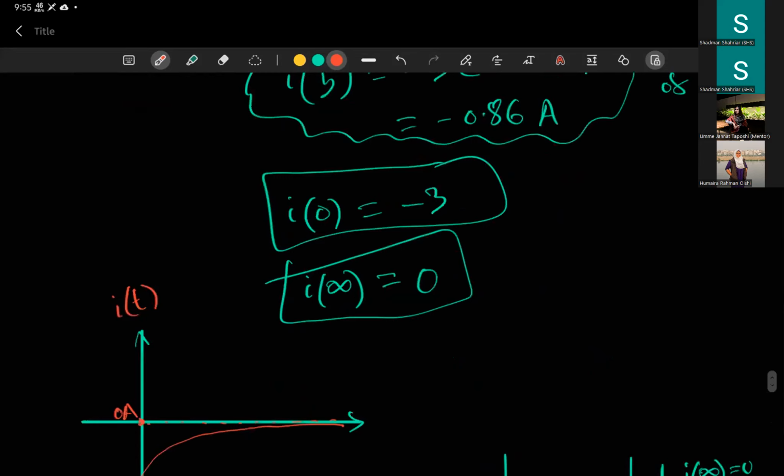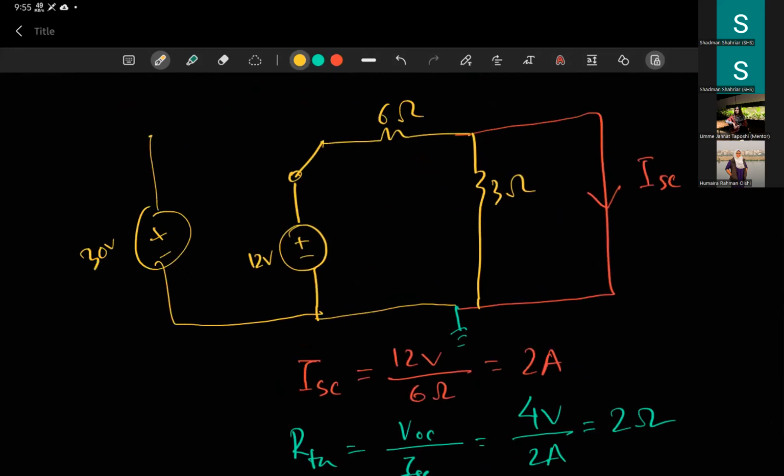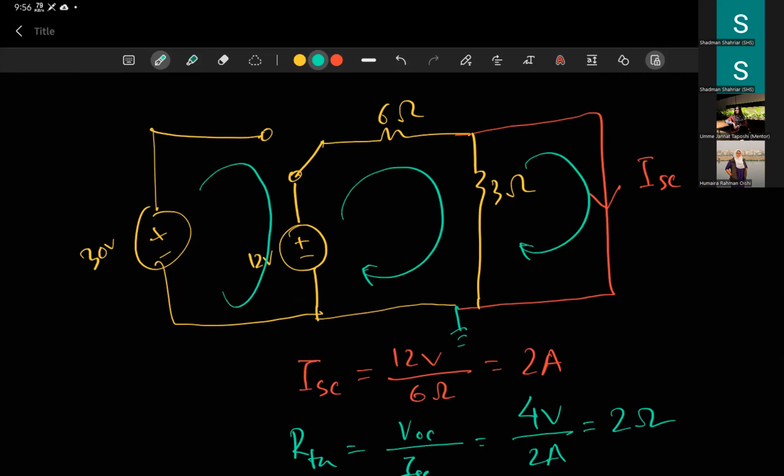We have a complete mesh here, but do we have a complete mesh here? Because this is broken. Even if you write this as a current, it is basically zero, because this is open. If you have some current, where will that current go? There is no current, so the value of the current is zero here. So there is no point in dwelling on this hanging part.